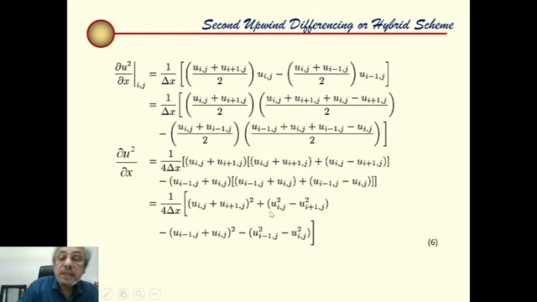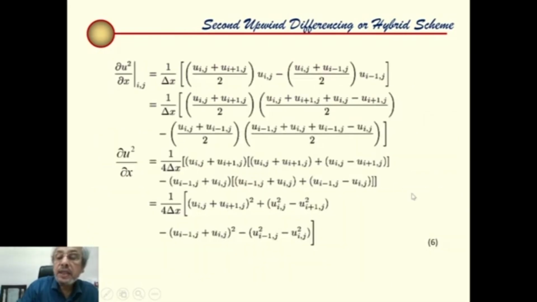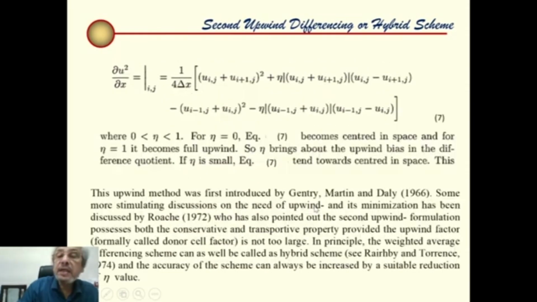So this uij plus ui plus 1j, that part we place under a modulus sign. And uij minus ui plus 1j, this part which has contributed, this part again we bring here.